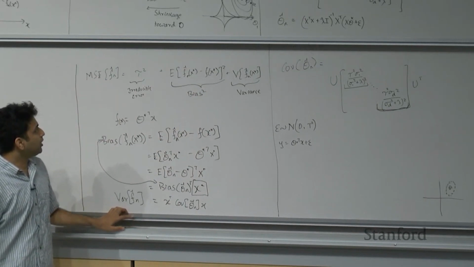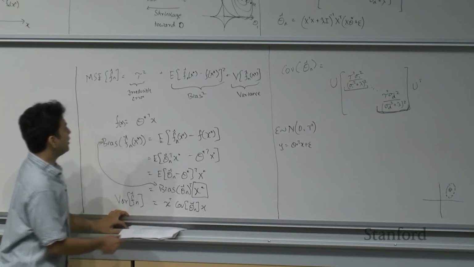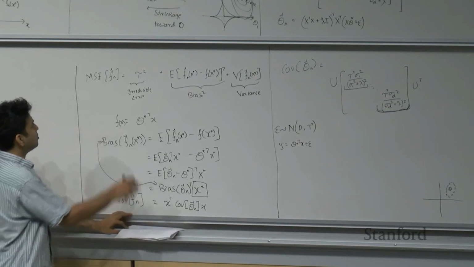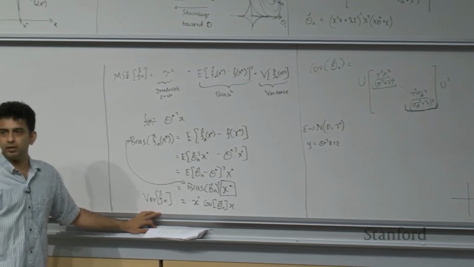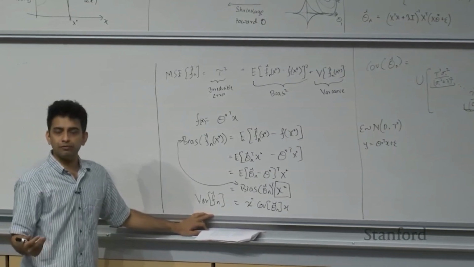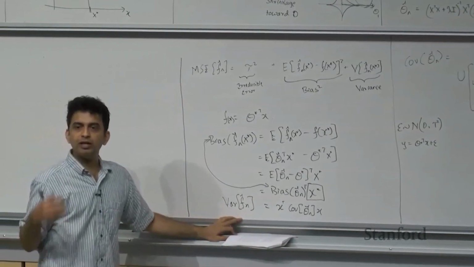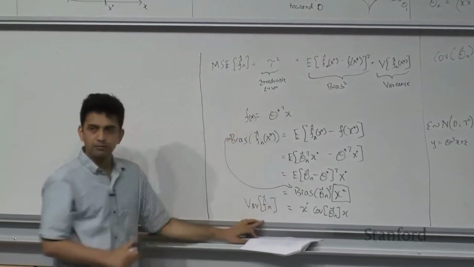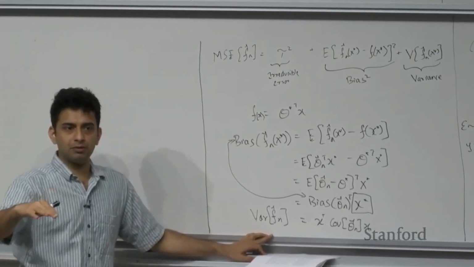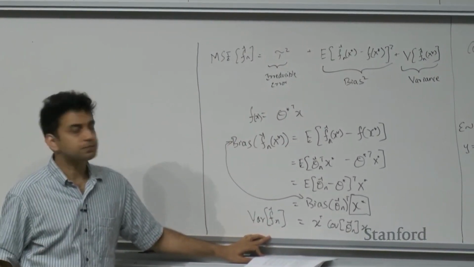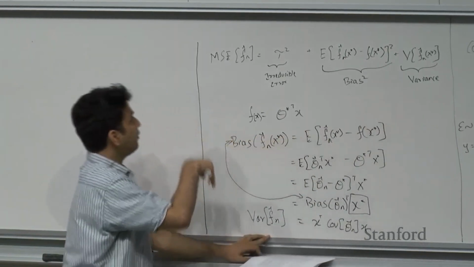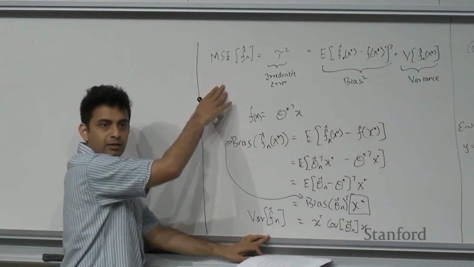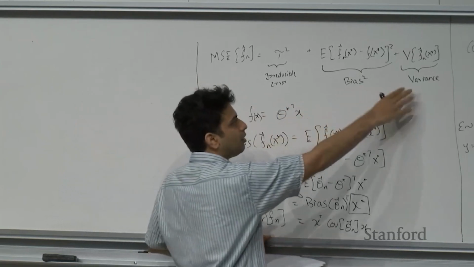Now, to reduce any one of these, let's see what happens. Irreducible error is something we cannot do anything about. That's just a fact of life. We have to live with it. No matter what kind of predictor you come up with, you can never do better than the irreducible error. That's the best we can hope for. And then we have these extra two terms, bias and variance. If we want to reduce generalization error, then we need to reduce either bias or variance or both.